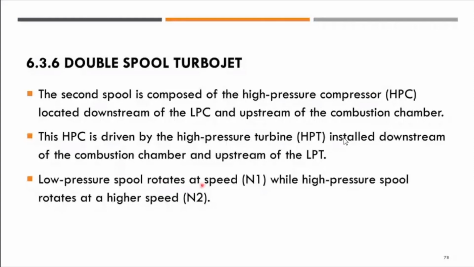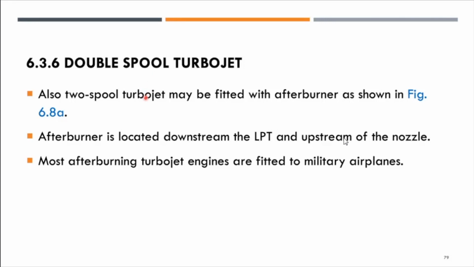So low pressure spool rotates at speed N1, while the high pressure spool rotates at a different, higher speed, N2. Also, the two-spool turbojet may be fitted with afterburner, which is already shown in figure 6.8a, and afterburner is located downstream of the low pressure turbine and upstream of the nozzle. And most afterburning turbojets are fitted to military airplanes.